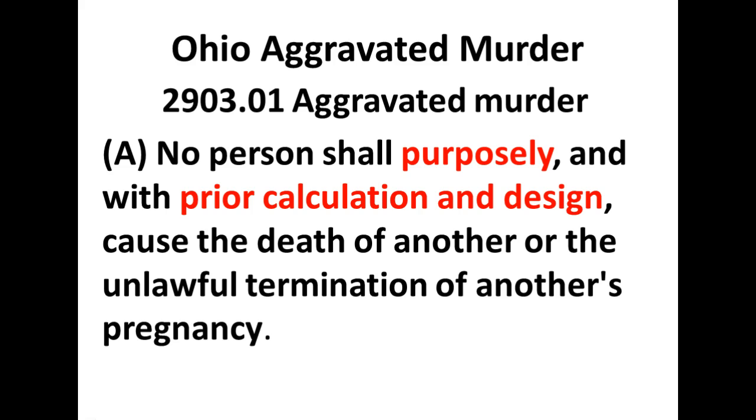And instead of premeditation and deliberation, it is using the terms prior calculation and design. And we'll talk in class about what these terms mean and how we go about using them. But you see, this is an example of a model penal code influenced murder statute.